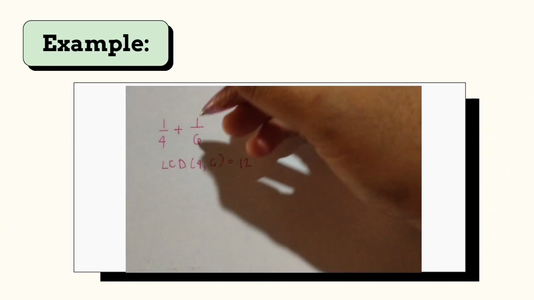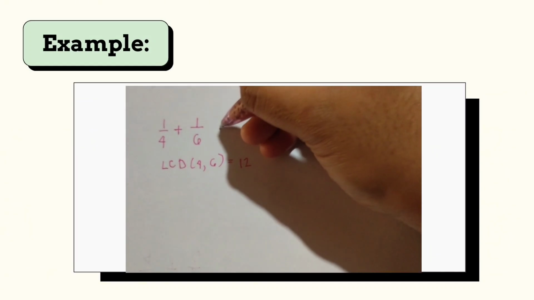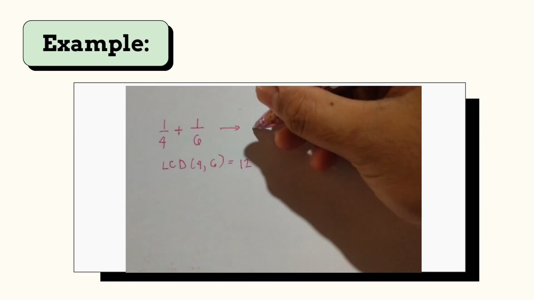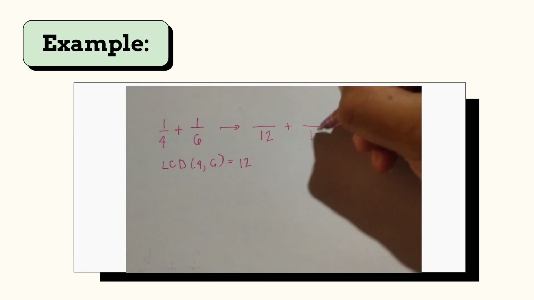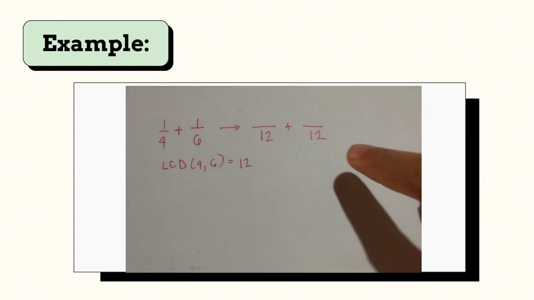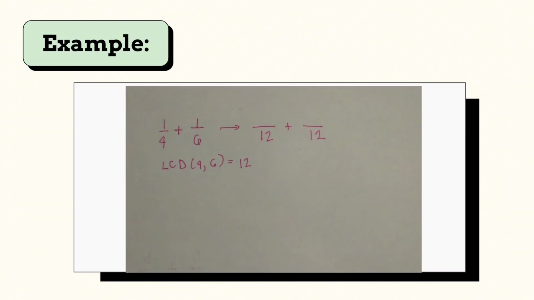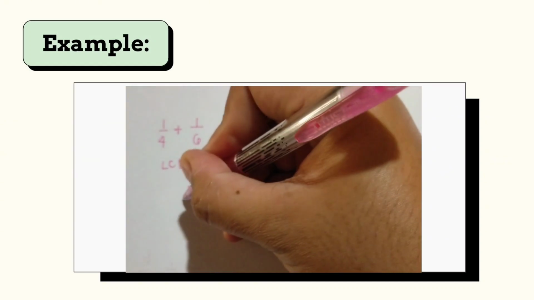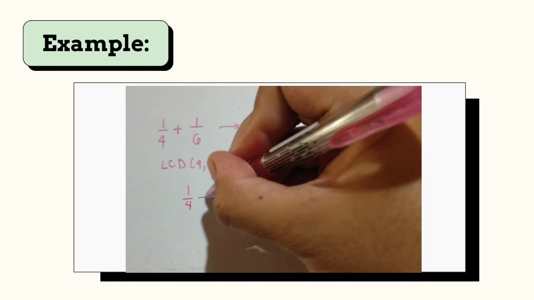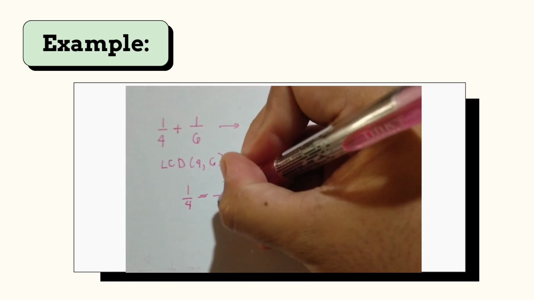So this problem will be converted into something over 12 as the denominator. And now we need to find our new numerators. So we need to convert both fractions. 1 over 4 will be something over 12.